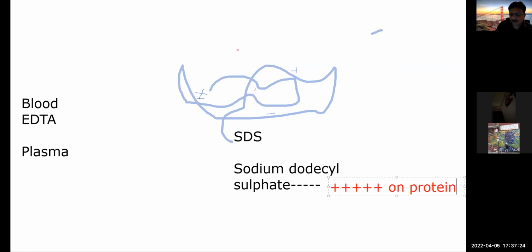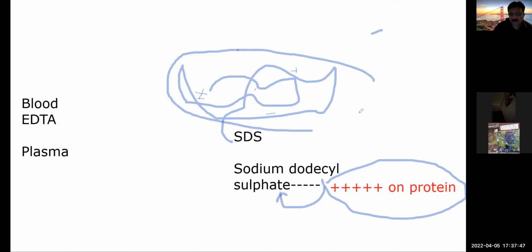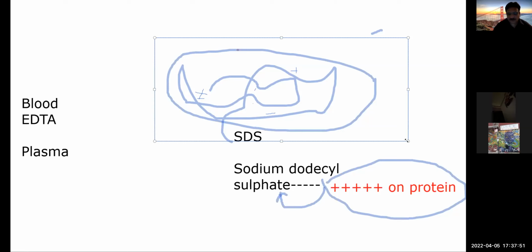So protein does not have any positive charge because all this positive charge on the protein has been neutralized by this detergent. Only thing left on the protein is negative charge. So the whole protein becomes negatively charged.